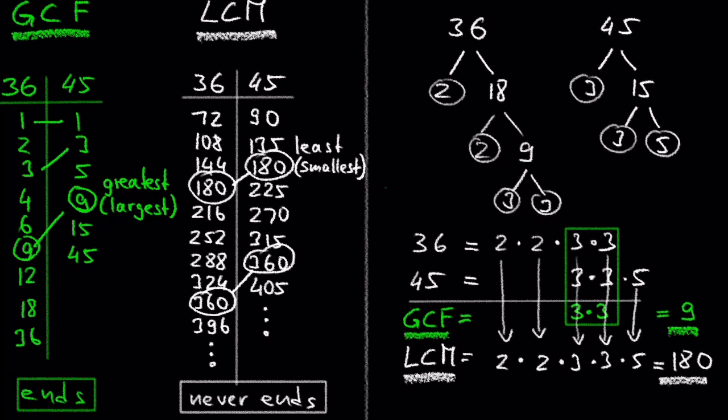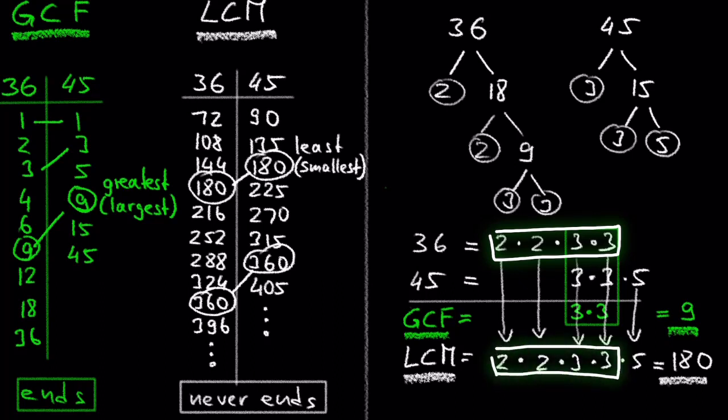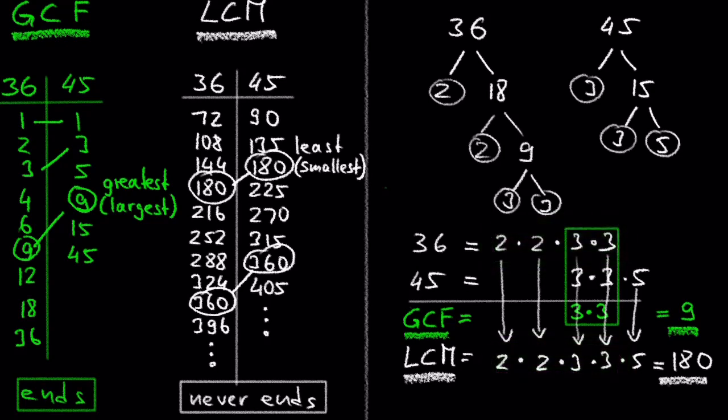What we see here is that to be a multiple of 36, we have to have at least 36. That's our first multiple. So we need two 2's and two 3's. So that must be in our multiple, two 2's and two 3's. And to be a multiple of 45, we have to have at least 45. That's our first multiple.